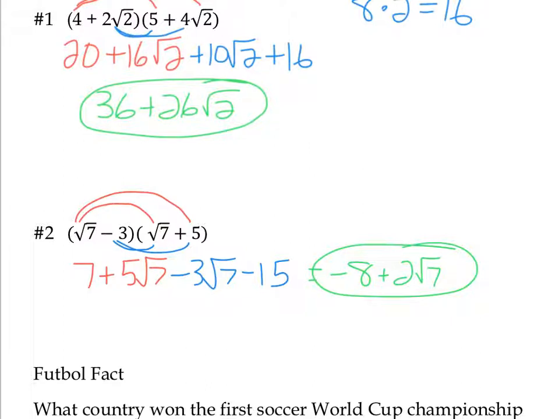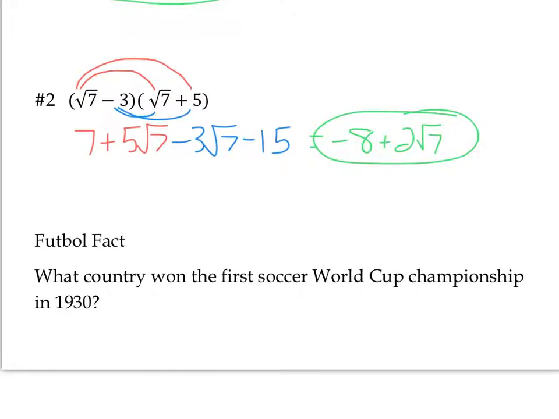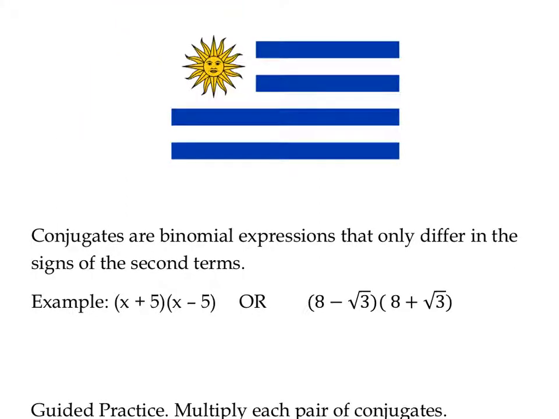Before we see some other examples here, a little football, they're known as soccer in our country here. What country won the first soccer World Cup championship in 1930? So the first ever soccer World Cup was held in 1930. The country that won it was also the host country. You see their flag there.